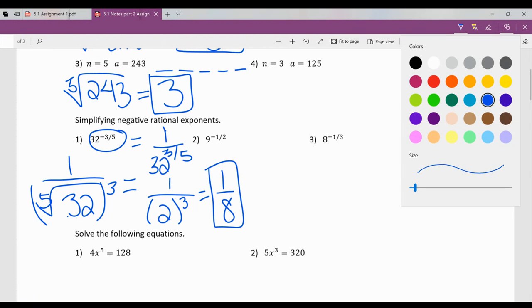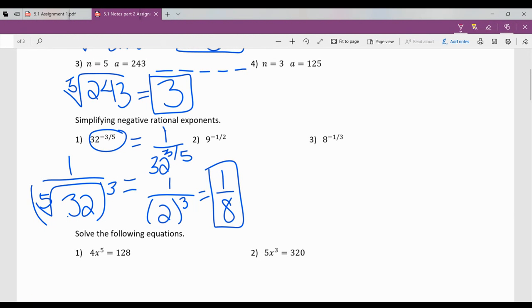Okay. Same idea for the next one. I'm going to change my pen color so that you can distinguish between the two, because I write kind of large on this program. All right, so we've got 9 to the negative 1/2. That is going to be rewritten as 1 over, because it's a negative, I relocate it down into the denominator and make it a positive exponent, 9 to the positive 1/2.